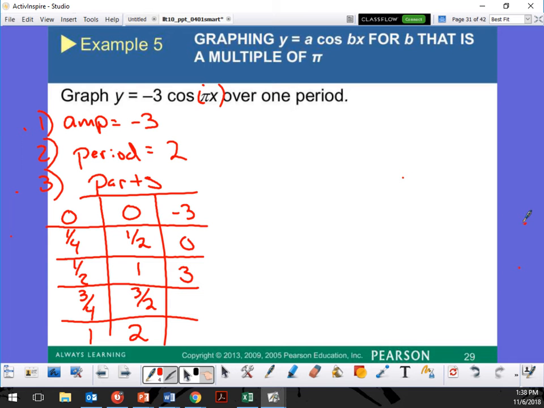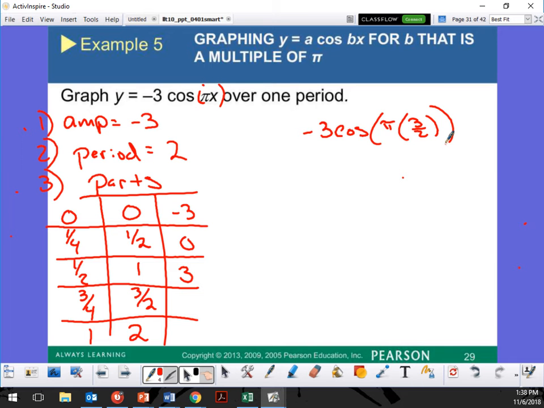So now the next part. So we said this was going to be, okay, so 3 over 2, right? So -3 cosine at pi times 3 over 2, right? So that's going to give me 3 pi over 2, right? Yeah, 3 pi over 2. So cosine 3 pi over 2 is?